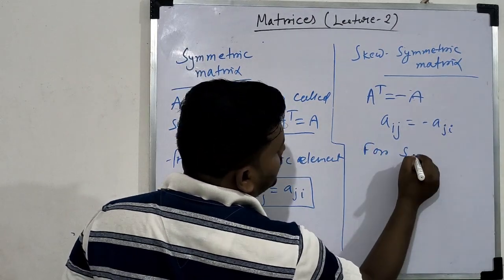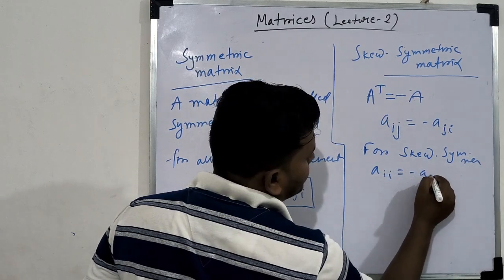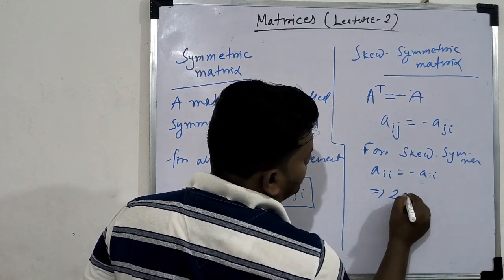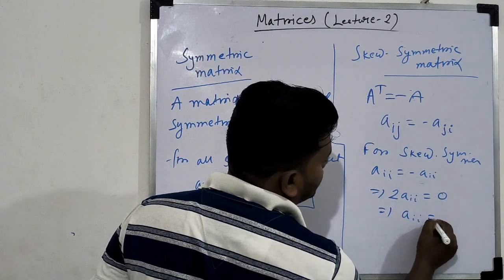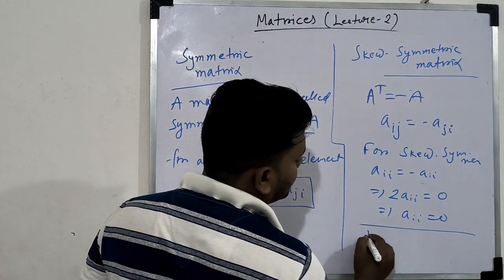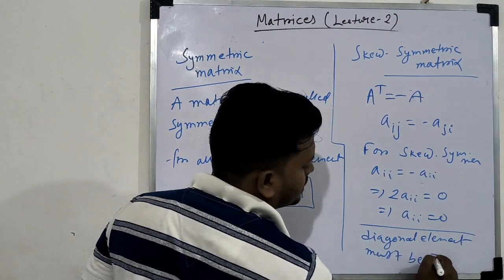So for a skew symmetric matrix, Aii equals minus Aii, which implies 2Aii equals 0, which implies Aii equals 0. So for a skew symmetric matrix, diagonal elements must be 0.